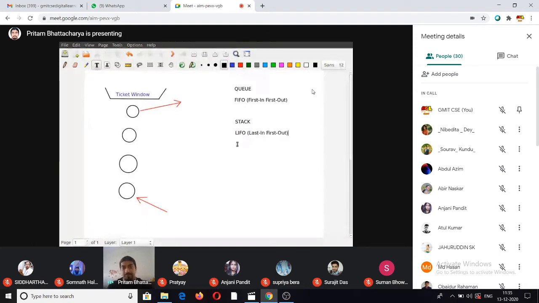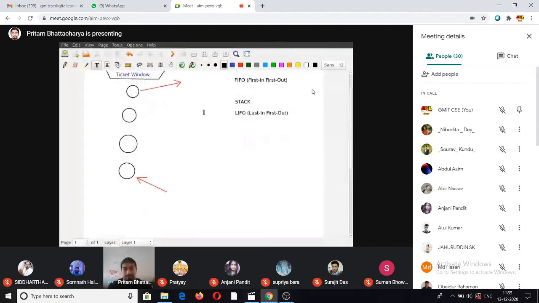What does that mean? Last in, first out. So basically, try to say this sort of bucket is a stack. Now, this side is called the bottom of the stack. So let me sort of demarcate it.